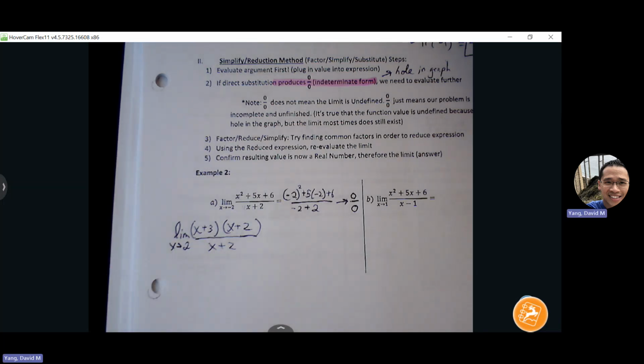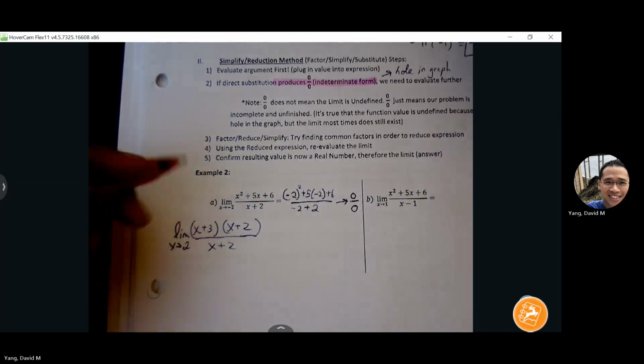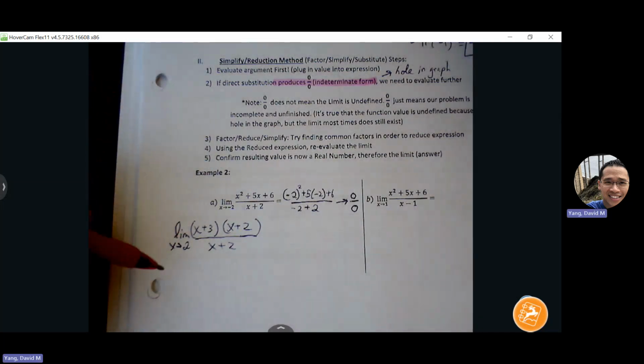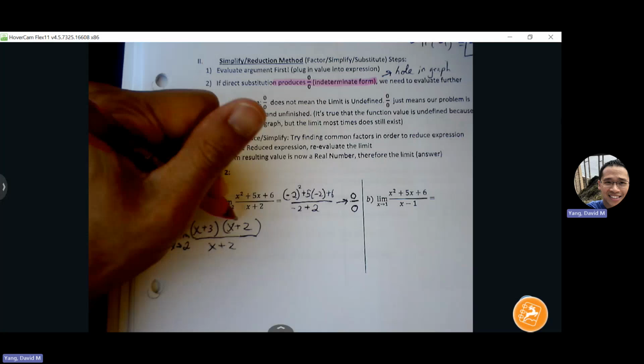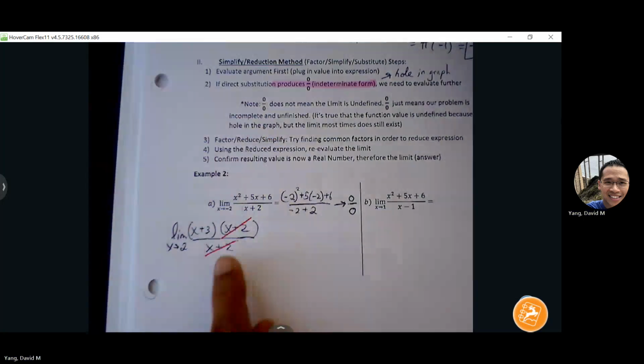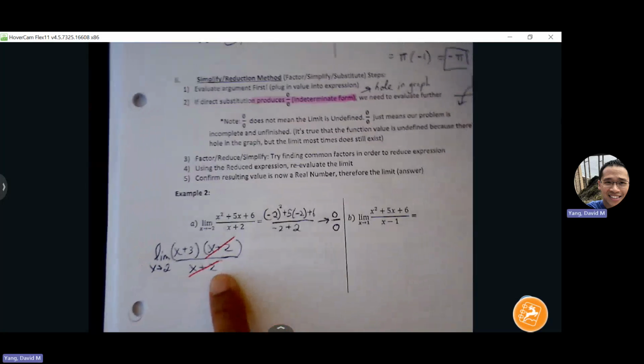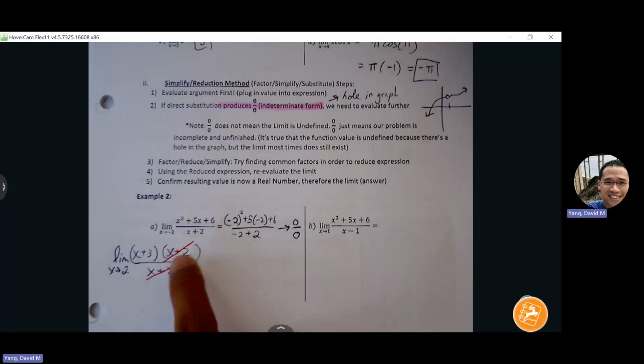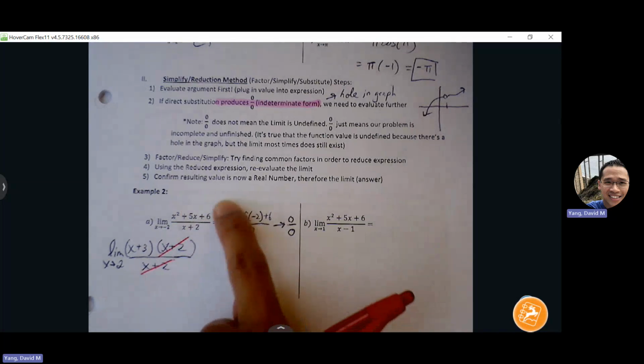All right, now what do you see? The numerator and denominator share a what? x plus 2. Let's remove it. So what's left is an expression that looks virtually the same as this, just without the hole in it.